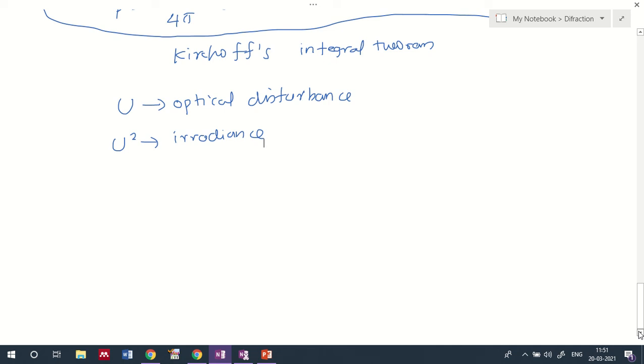A similar representation was done for the Kirchhoff integral theorem. If you have a larger area and assign a small pinhole in it, the optical disturbance or intensity at this point can be related to the entire enclosed area, which is represented by the Kirchhoff integral theorem.